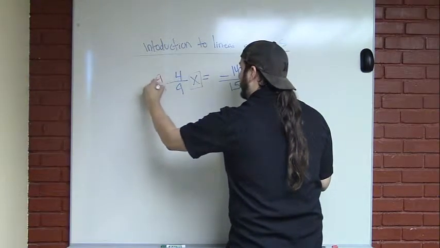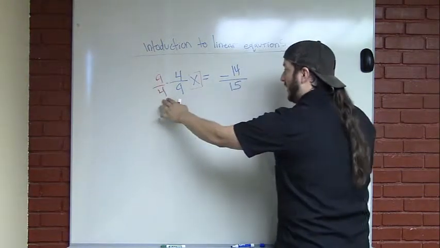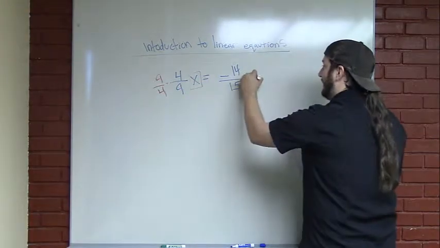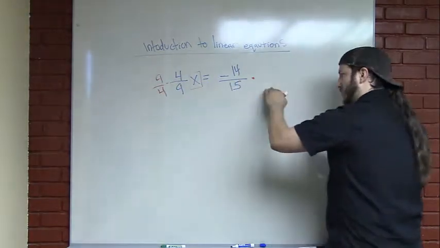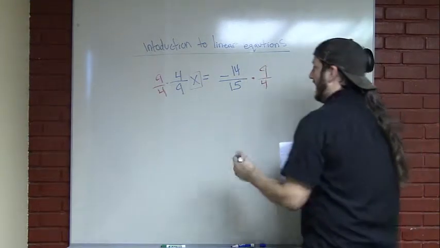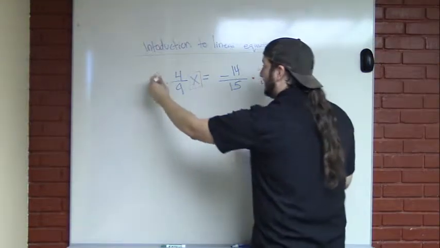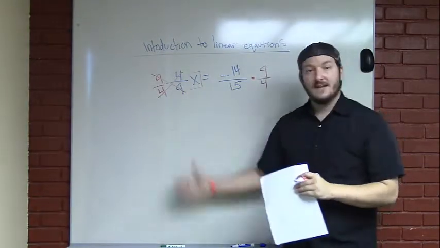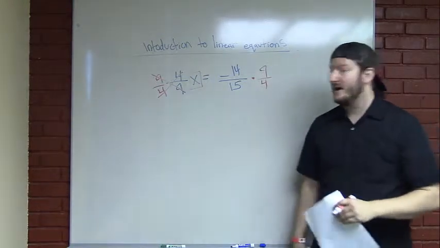So you're multiplying by 9 over 4, okay, which is the reciprocal of 4 over 9. And if you do it on that side, you have to do it to this side as well. So 9 over 4. And the very nice thing again is, remember, the diagonals, as long as the diagonals match like that, they all just cross off, right?